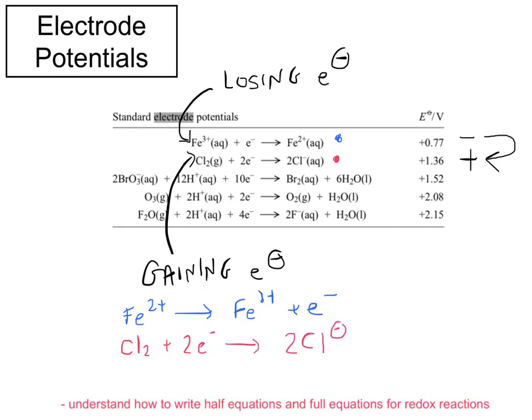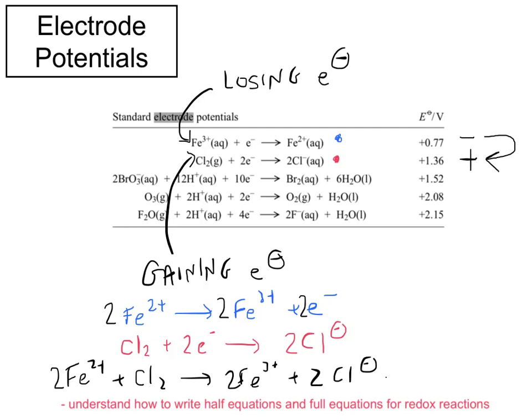Before we add these two things together, the electrons must cancel, and so we need to multiply the top equation by 2, and then we add them together. What we'll get is 2Fe2 plus plus Cl2 goes to make 2Fe3 plus plus 2Cl minus. And that is what will happen when we connect those two half cells together.